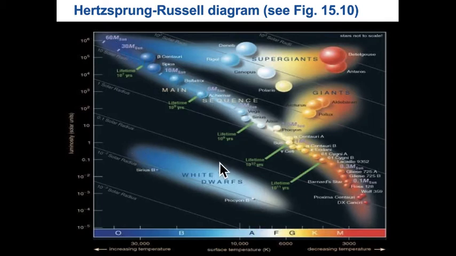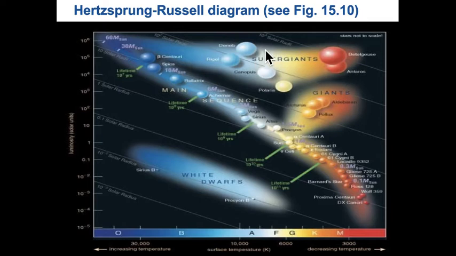You have white dwarfs. Again, our sun, which is over here right now, will one day come down here. Here we have giants like Aldebaran, which is in the constellation Taurus. Our sun will one day come up here before it comes back down here after it runs through its hydrogen. And you have supergiants like Betelgeuse and Antares, which you can see in summer months in the northern hemisphere.